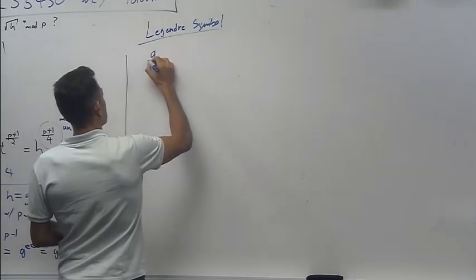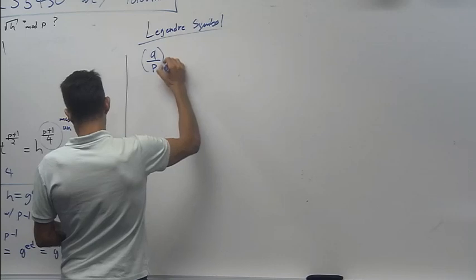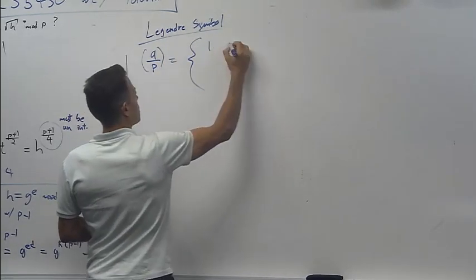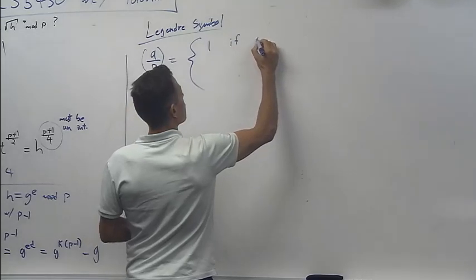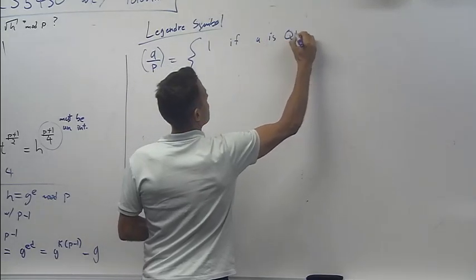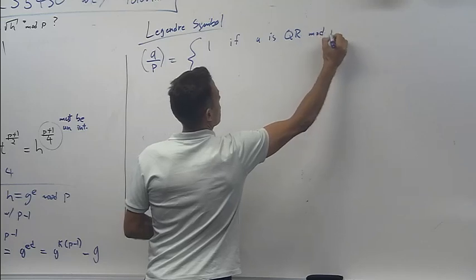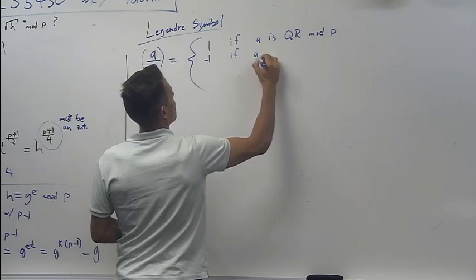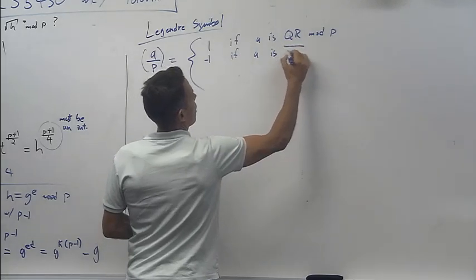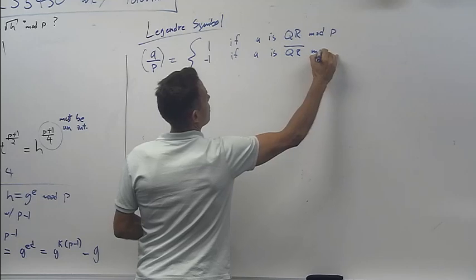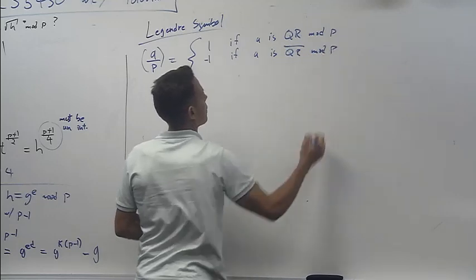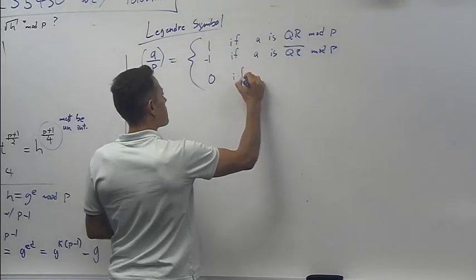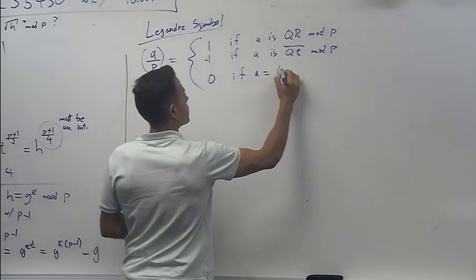What it is: just a over some prime p is going to be 1 if a is a quadratic residue, -1 if not a quadratic residue. This is not standard notation, by the way, this is just what I'm writing here on the board. 0 if a is 0.